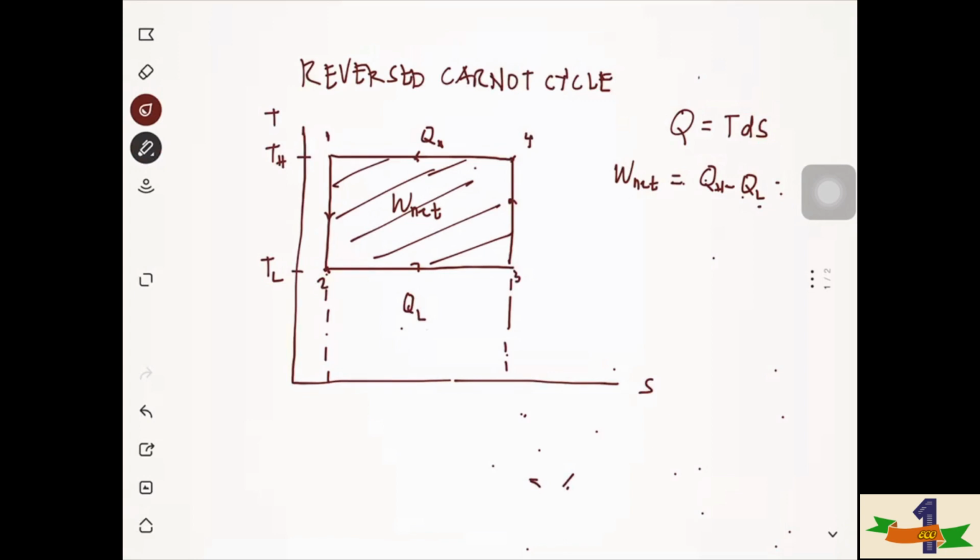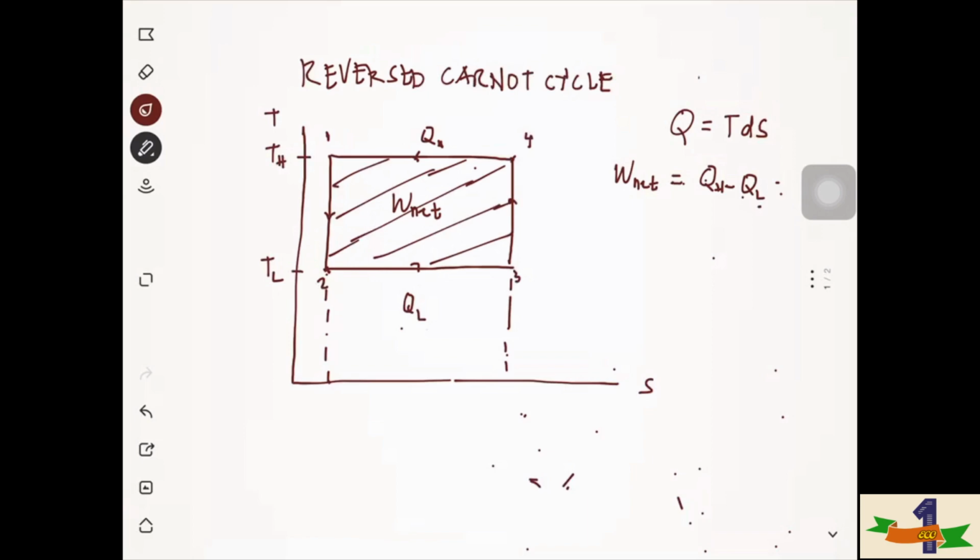Since from this point to this point, that is the amount of our QL, and from this point here to this point here is our QH. So we represent Q here as an area. So this area, the QH minus QL, this area is our work net.